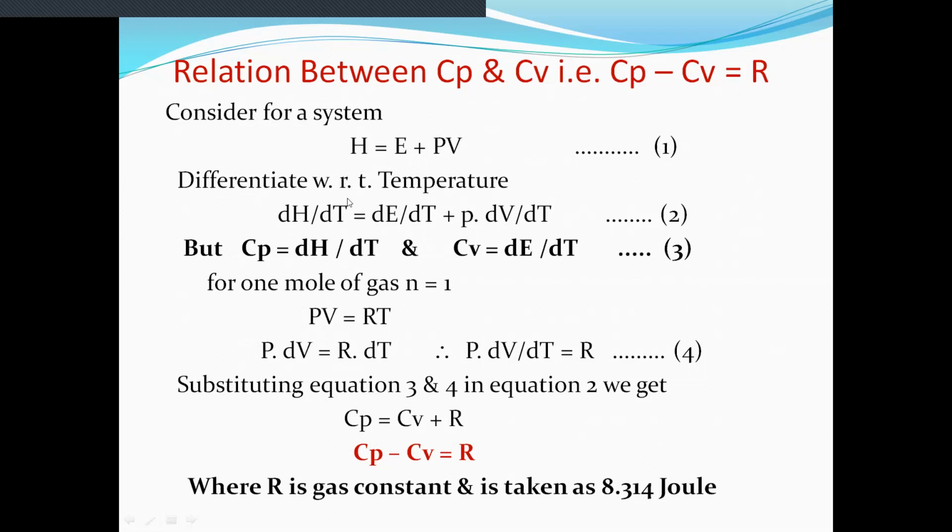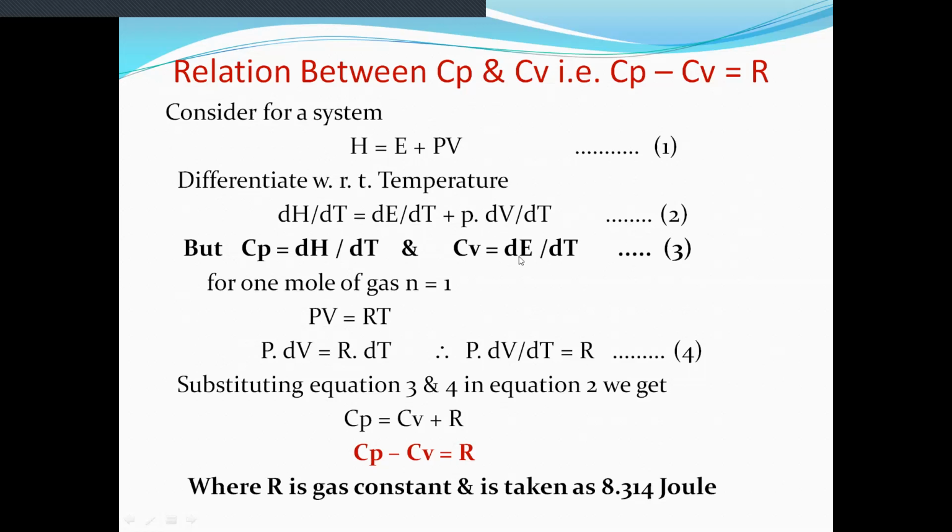Then what do we get? dH upon dT is equal to the derivative of E, that is dE upon dT, plus P into, because P is constant, the derivative of V with respect to T, that is dV upon dT. Therefore, the differentiation of equation 1 is dH upon dT is equal to dE upon dT plus P into dV upon dT. This is equation number 2.